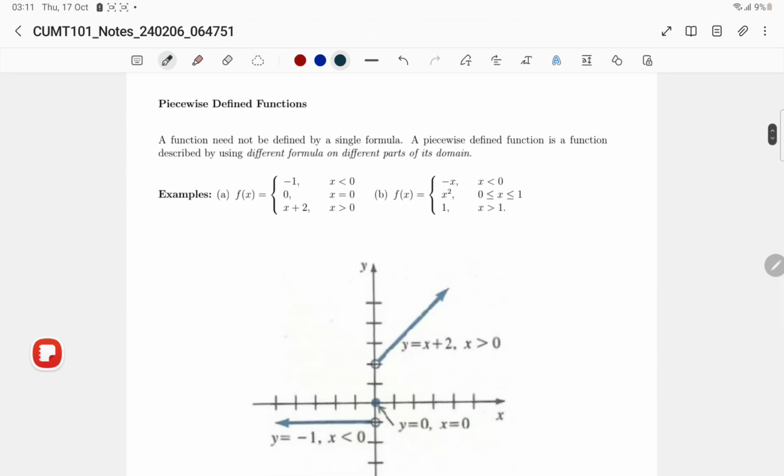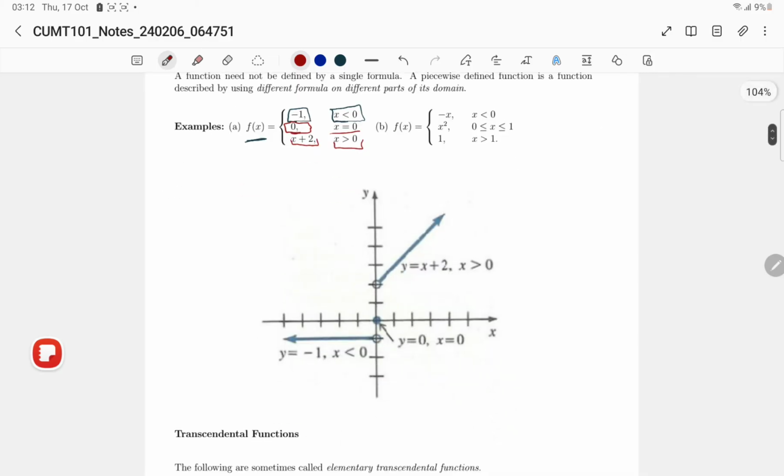Then these ones are very important, piecewise defined functions. A piecewise defined function is one function but defined by pieces of functions. For this one, we have f of x, which is equal to minus 1 in the range x is less than 0, equal to 0 when x is equal to 0, and equal to x plus 2 when x is greater than 0.